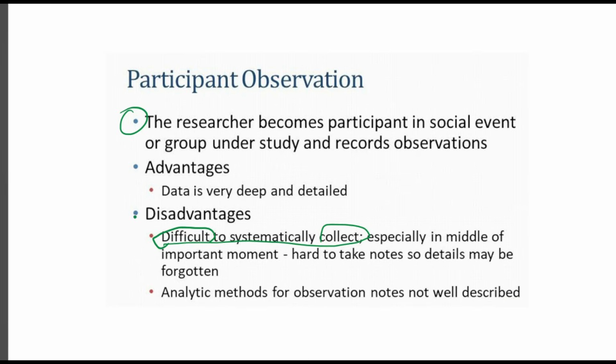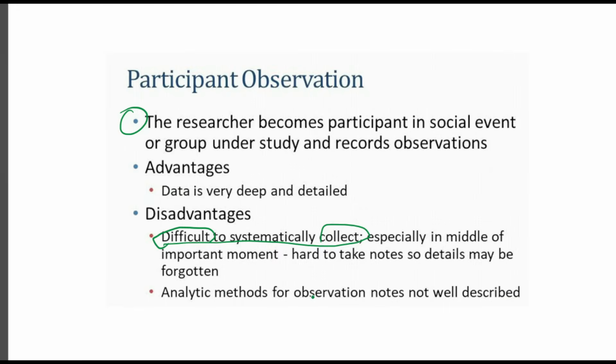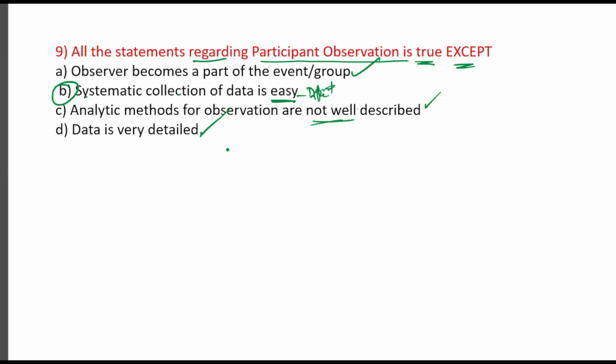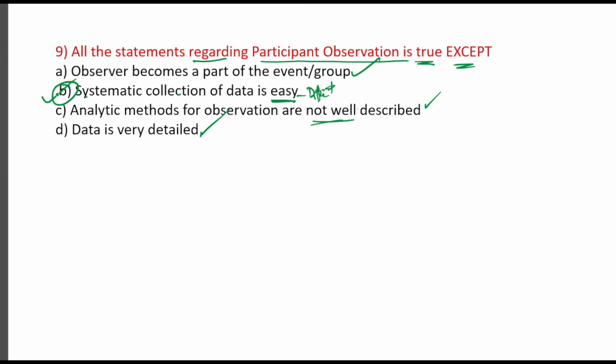Then the third one is analytical methods are not well described. And the final one, that the data is very deep and detailed. Okay, so we got the answer for our question.